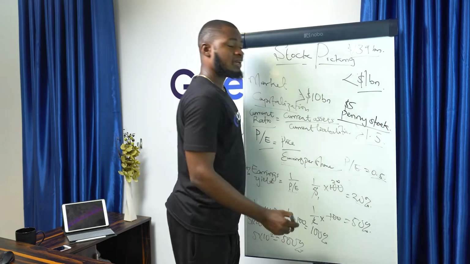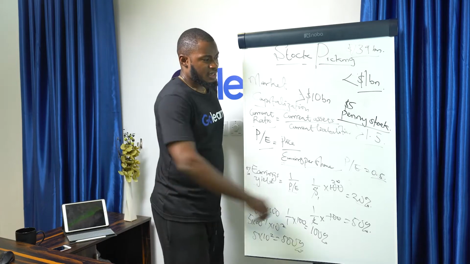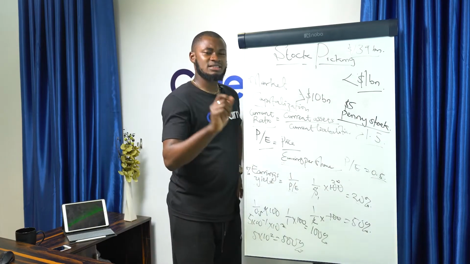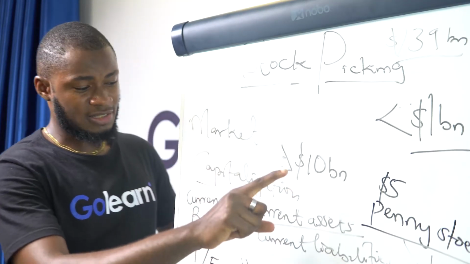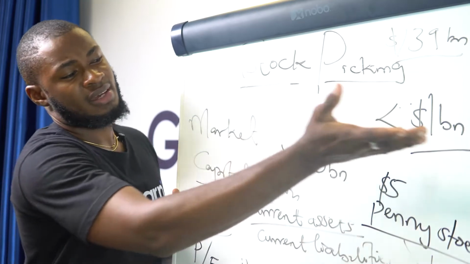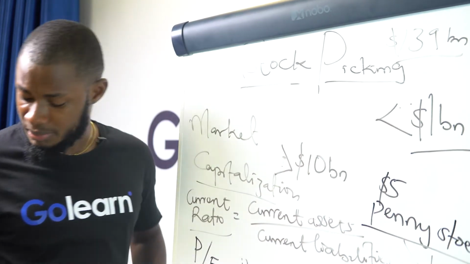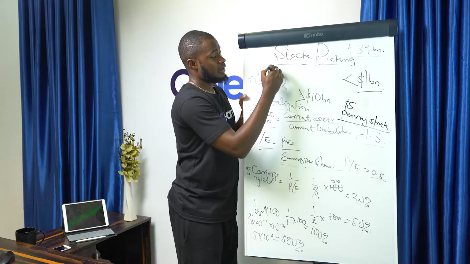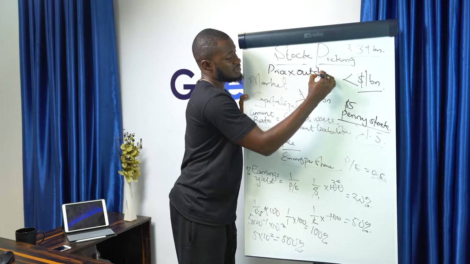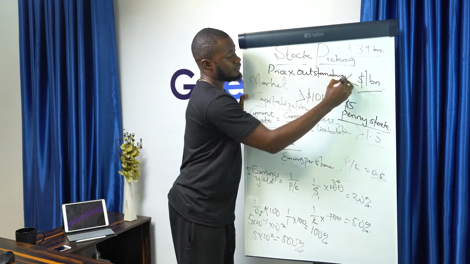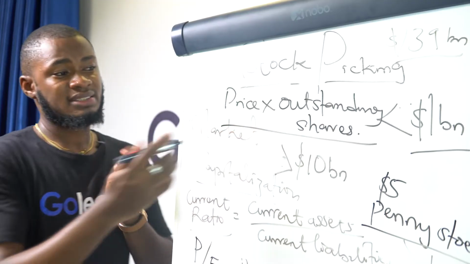Why? Because it's only a penny stock that is most likely going to have a very low PE ratio. It's only a penny stock that is most likely going to have a low market cap. Market capitalization is calculated by price times the outstanding shares.